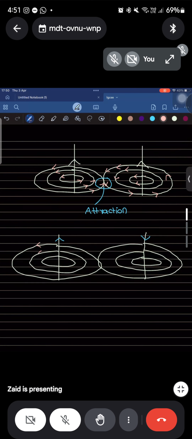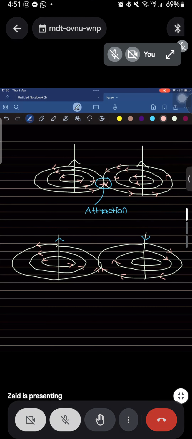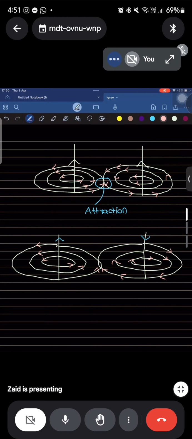For this one we have anti-clockwise, and this one has clockwise. Same direction, isn't it? So when there is the same direction, there is repulsion.